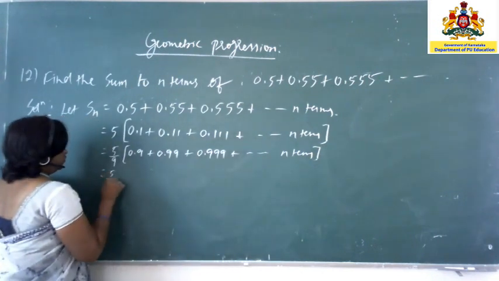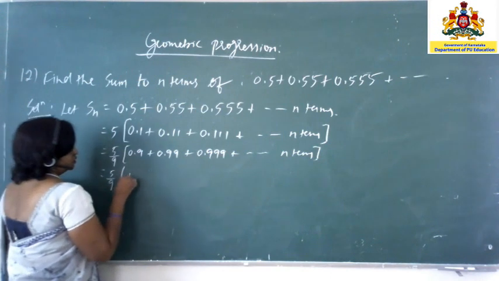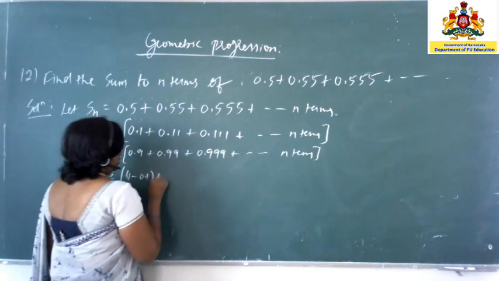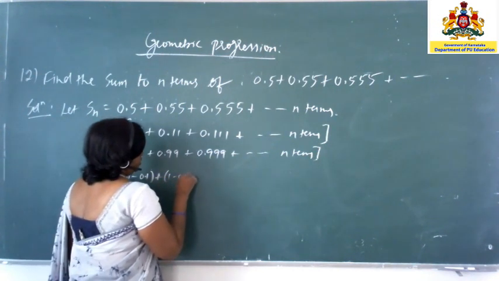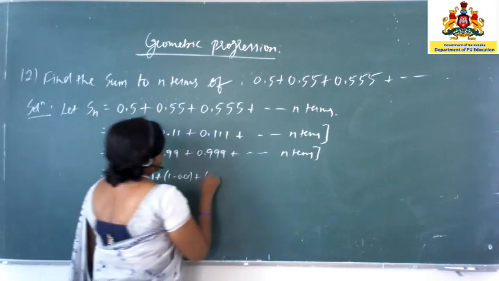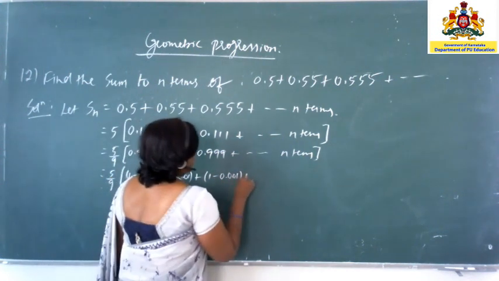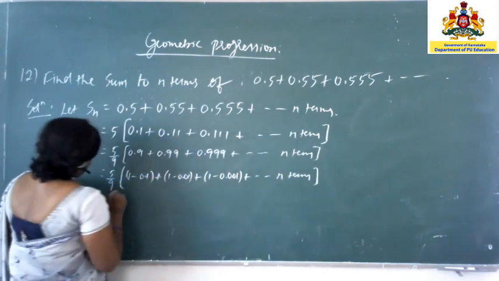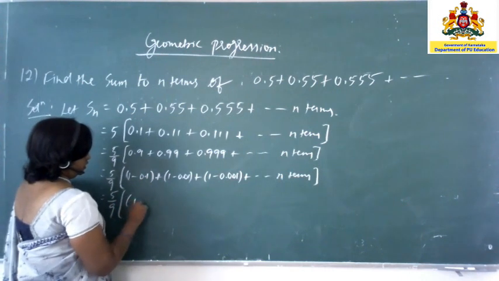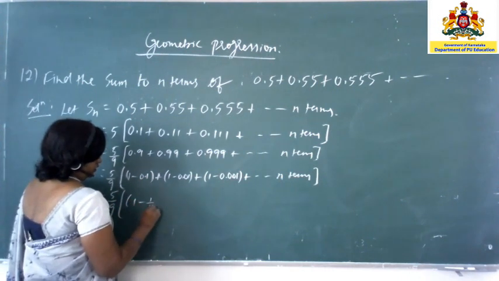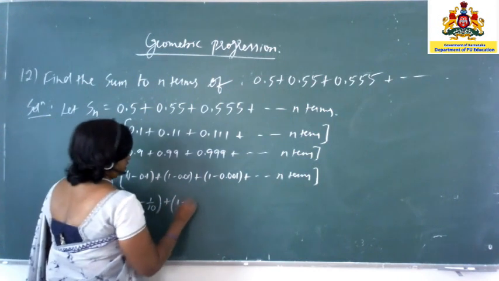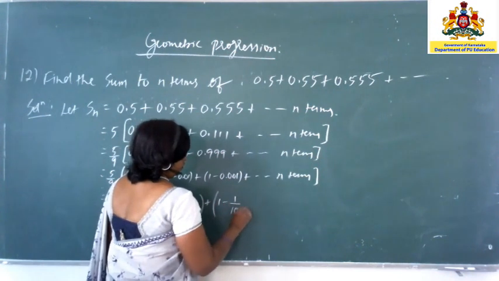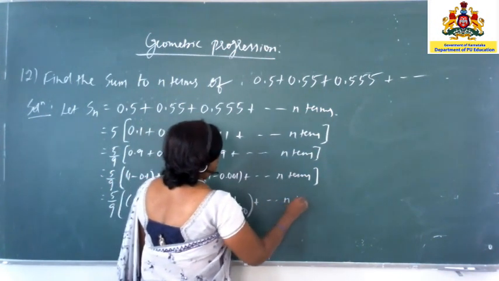So that is equal to 5 by 9 into, 0.9 is 1 minus 0.1, plus 0.99 is 1 minus 0.01, plus 0.999 is 1 minus 0.001, plus so on up to n terms. So that is equal to 5 by 9 into, 1 minus 0.1 is 1 by 10, I'll write it as 1 by 10, plus 1 minus 1 by 100, plus 1 minus 1 by 1000, plus so on up to n terms.